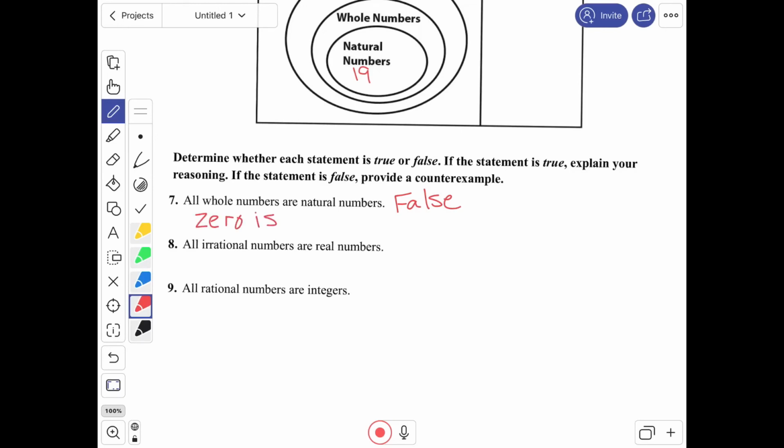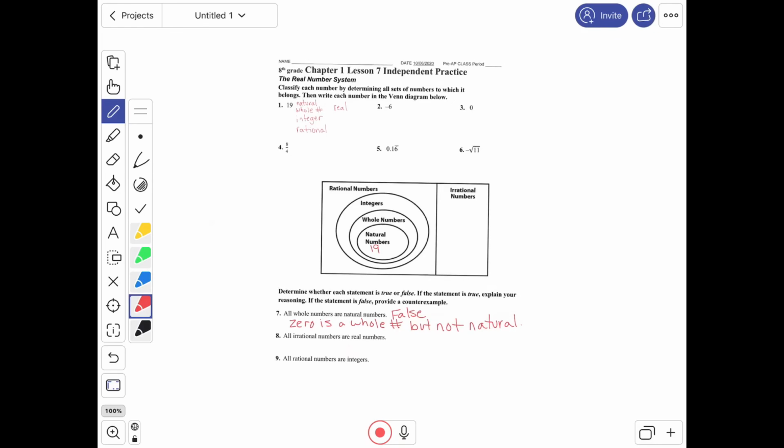Only one example. 0 is a whole number, but not natural. So that's my counter example. So on 8, figure out if it's true or false. If it's false, write me a counter example, an example that proves it is false. Same thing for number 9.